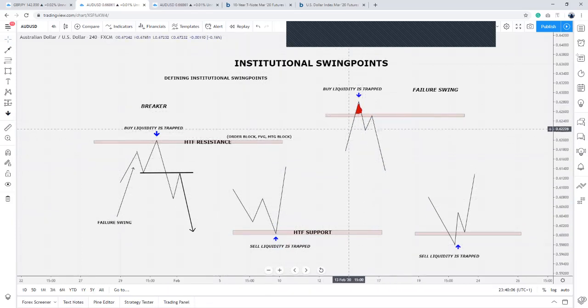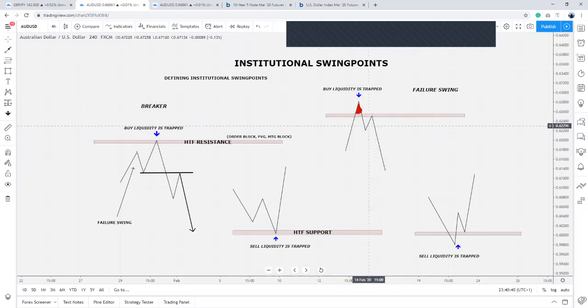So if the central banks are looking to make a turning point as regards to an institutional standpoint, if they're looking to make a sell side turning point, you're going to look for a liquidity pool to reprice the market lower of that level. So this, guys, is a very, very deep concept. Okay, this basically is the anatomy of the market. For price to be repriced to the downside, there needs to be buy side liquidity being offered.